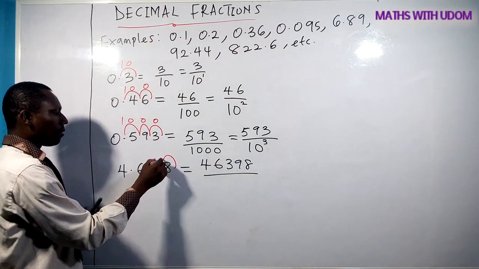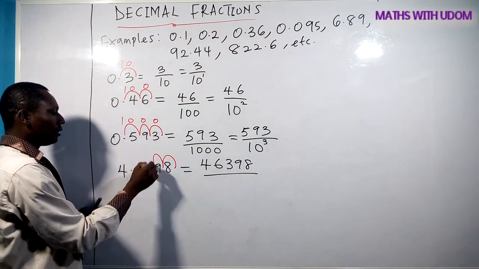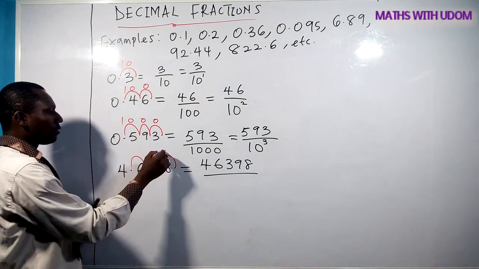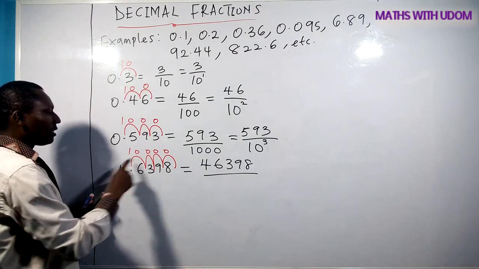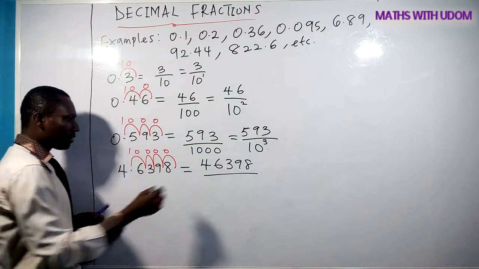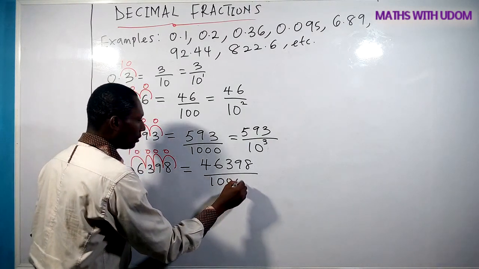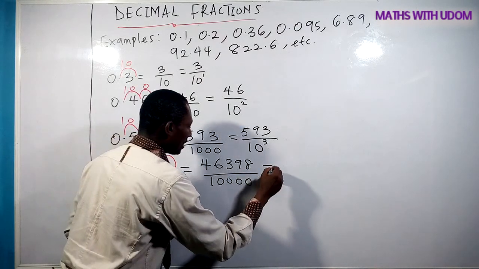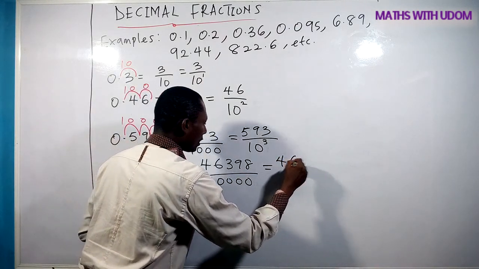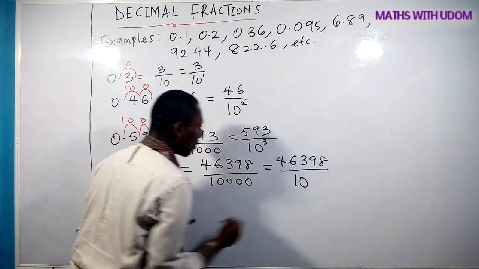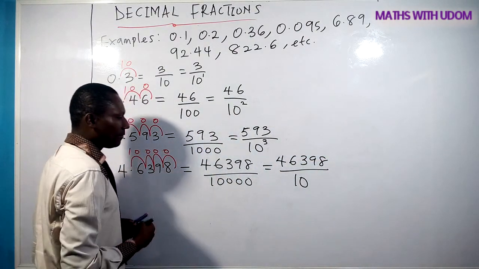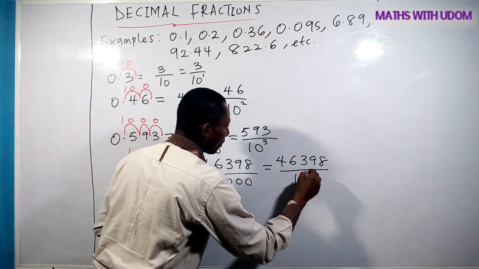Let's go 1, 2, 3, 4. So 4 zeros, 1, 2, 3, 4. Then I put 1 here. So I'm dividing that number by 10,000. Which can be written as 46398 divided by 10 raised to the power of, how many zeros can you see here? 4 zeros, power of 4.